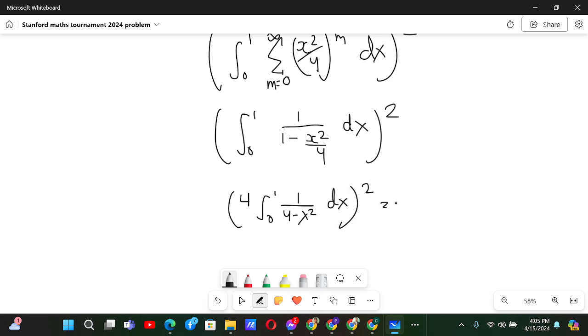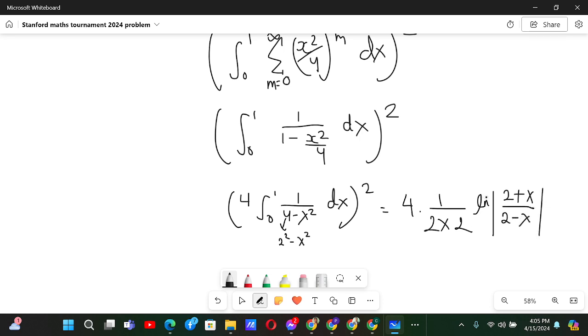If you use the formula, we get 4 times, since this is 2 squared minus x squared, our a is just 2, so 1 by 2a ln of 2 plus x by 2 minus x. The formula is 1 by 2a ln of a plus x by a minus x, and this goes from 0 to 1, and the whole result is squared, and the 4 and 4 cancel out.